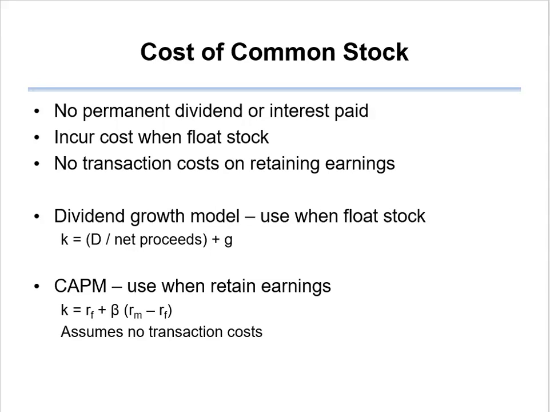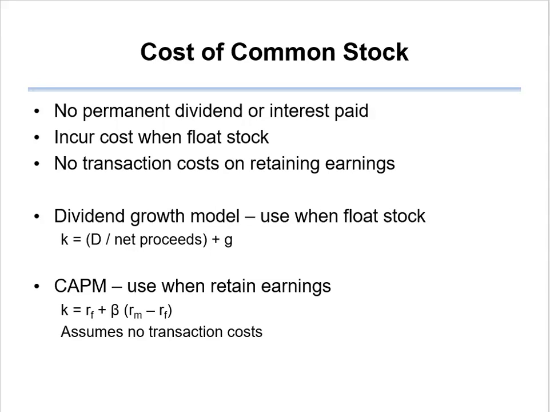Well, there's no transaction costs on that money that's raised. It didn't have to pay anybody else any money other than the government for taxes, but the retained earnings are what's left, and there's no transaction costs on those. However, that doesn't mean there's no cost of capital.